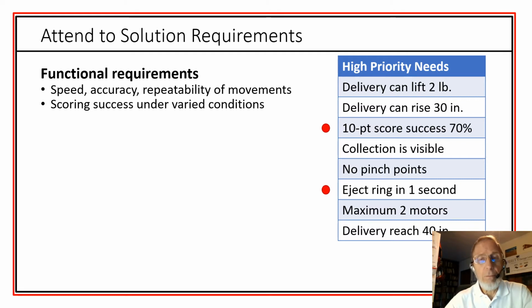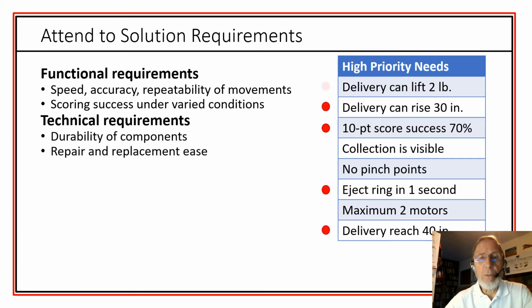Have we provided a solution that will meet these requirements? There are certain technical requirements in terms of durability, its ability to be repaired and replaced. Have we adequately addressed these? Let's think about that as we assemble this robot.